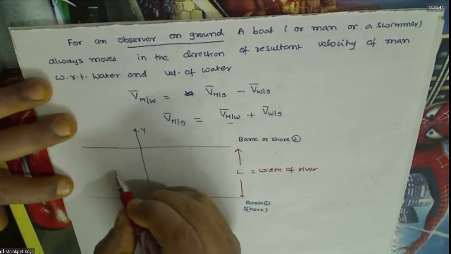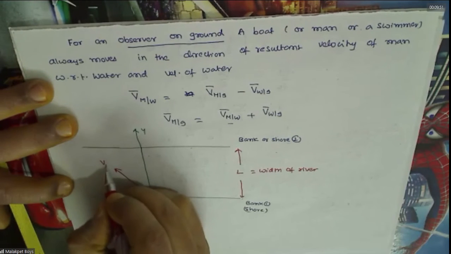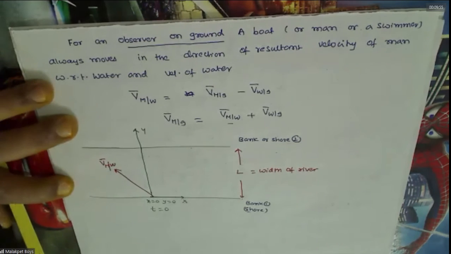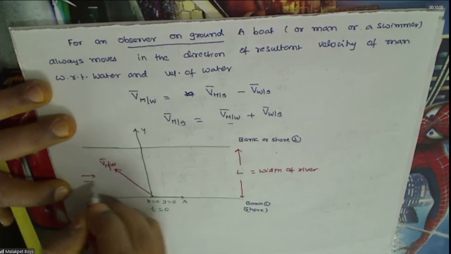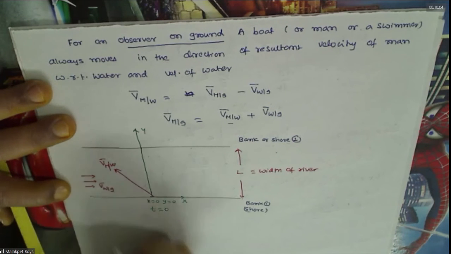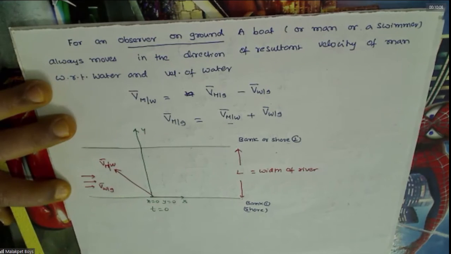He is moving at some arbitrary angle. This is the velocity of man with respect to water. This is the river velocity, the velocity of water, with respect to ground only. Followed?